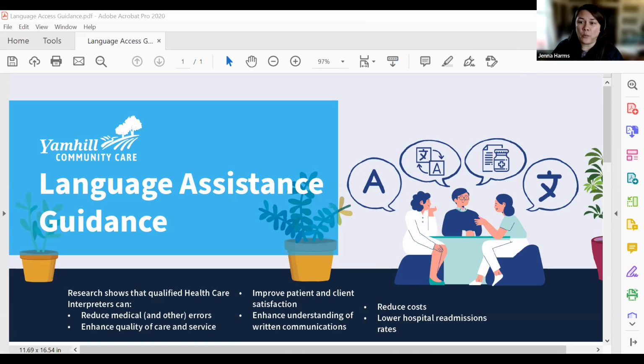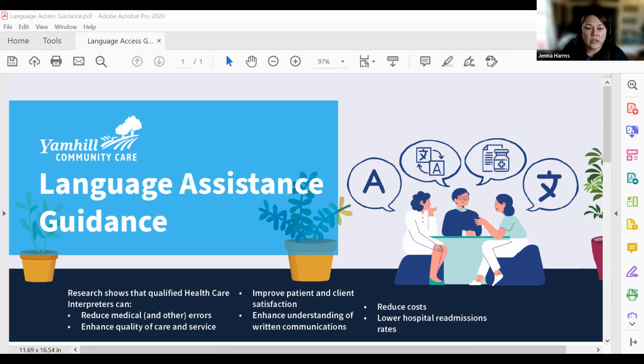And while that definition is simple, the research shows that using different types of supports, and I'll speak predominantly to using qualified healthcare interpreters, can really reduce errors as you're providing services to members.